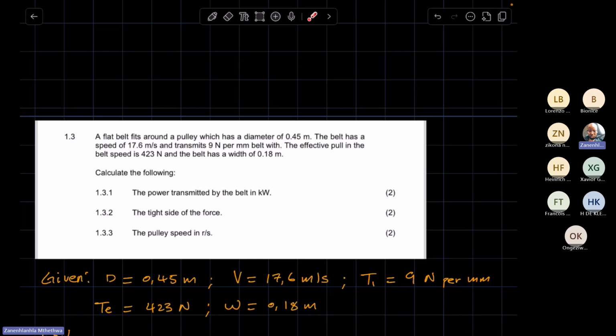The next module will be forces. You are going to look at forces, then we're going to look at beams, then friction.